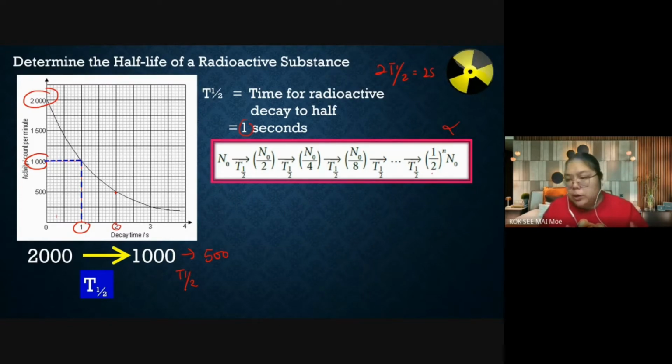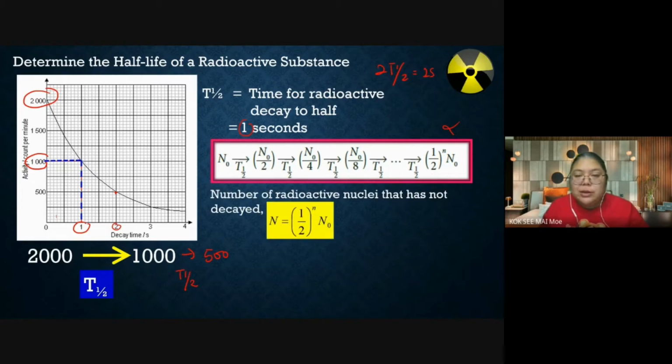So you want to memorize, okay, up to you, because sometimes students like to memorize the formula. So from here, the number of the radioactive nuclei that has not decayed, this one is still not yet decayed. So just now I said decay until 500. That means 500 is not yet decayed.